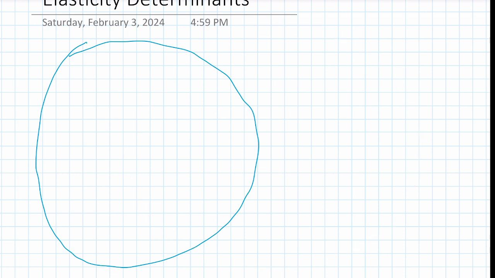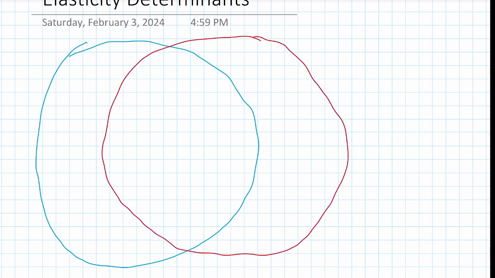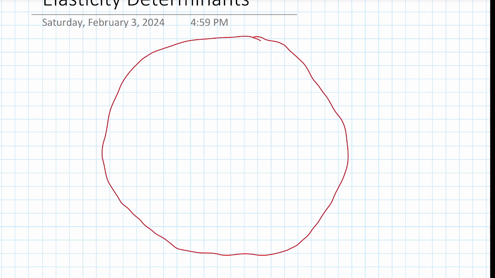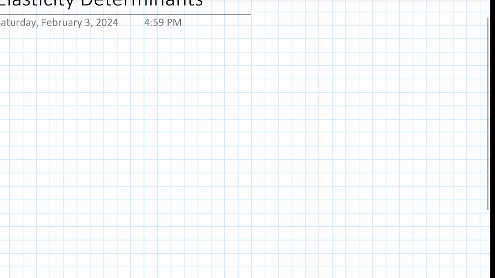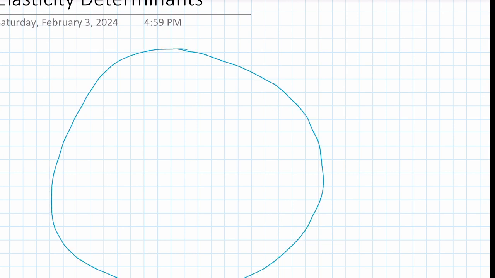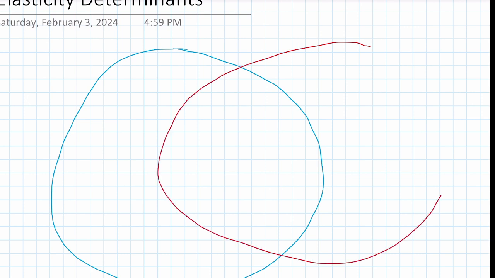Actually, that's a little bit better. Okay, so when we're looking at this, is this going to be enough space? Actually, no, it's not. We'll draw this again. And there we go.